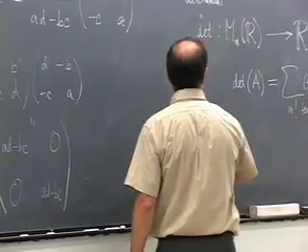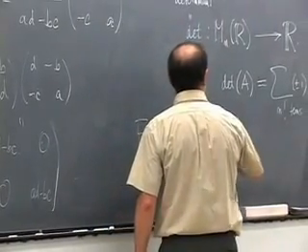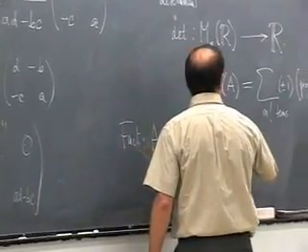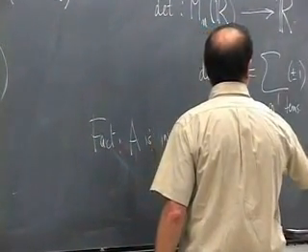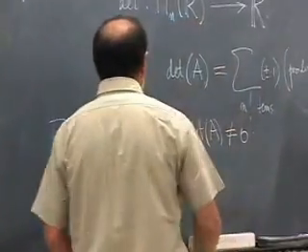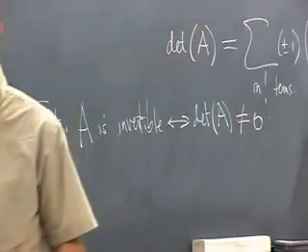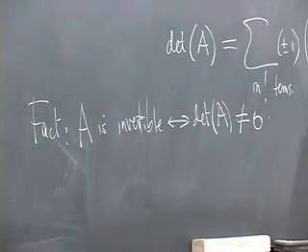A is invertible if and only if the determinant of A as a real number is not equal to 0, in which case there's a formula for the inverse of A. And the formula looks very much like this formula.